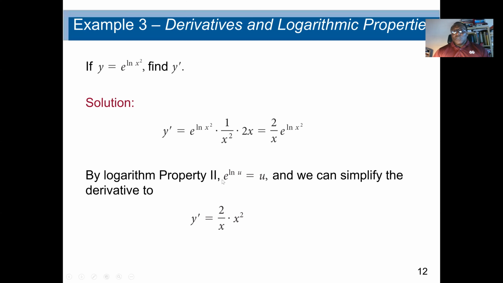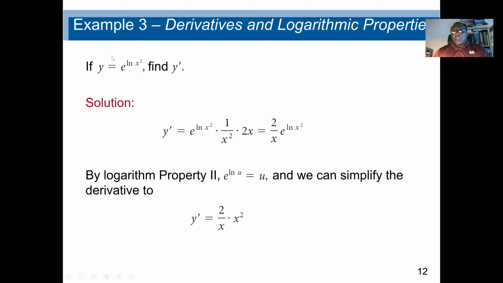So that's why we say natural log u as exponent and the base is e: natural log is log base e, so the e will cancel the e, and it will be left with u. Then here we can also say u, and we get 2x over x squared times x squared.